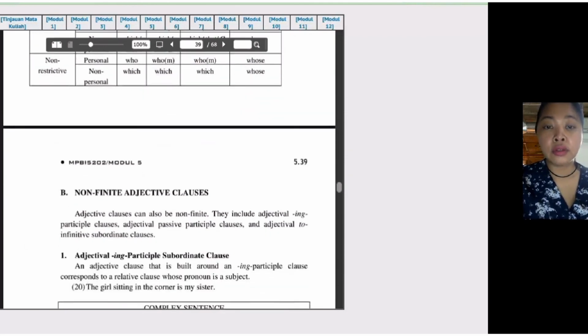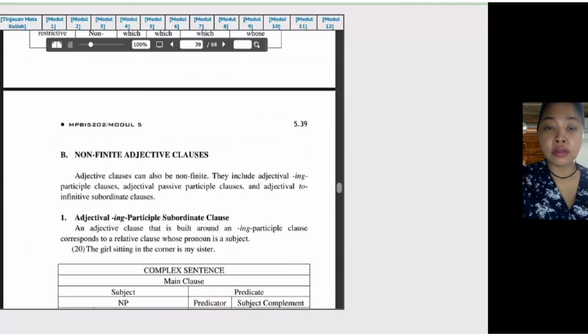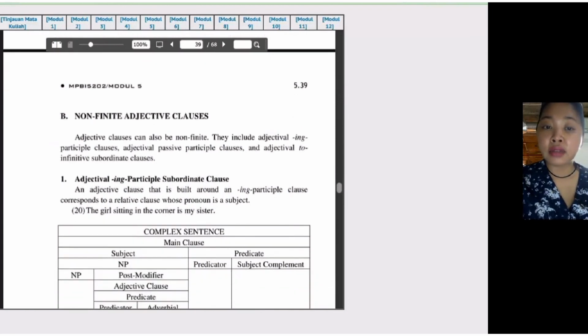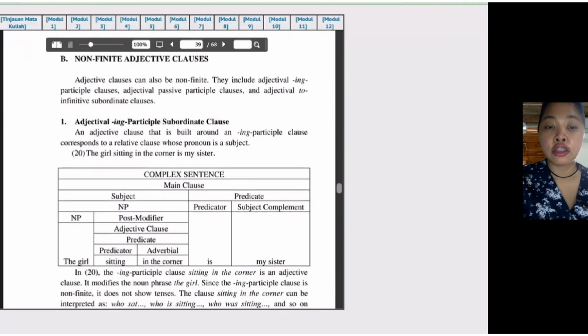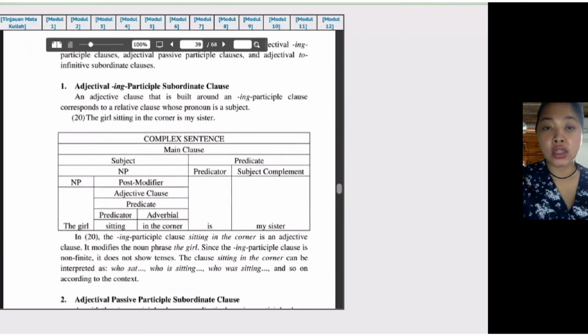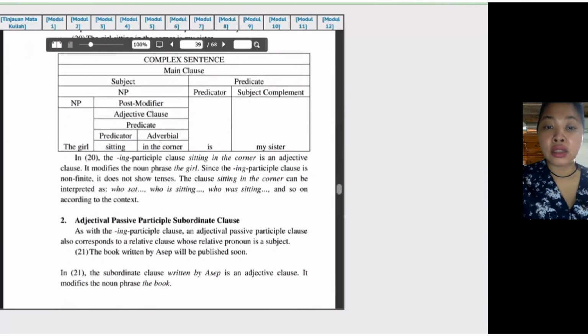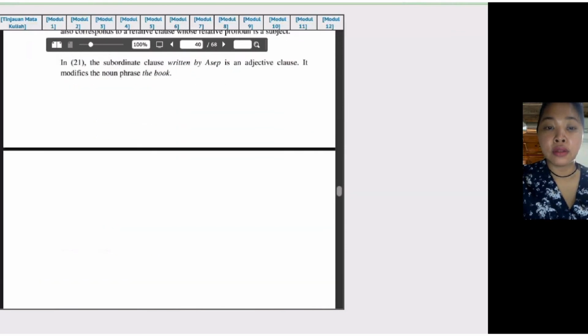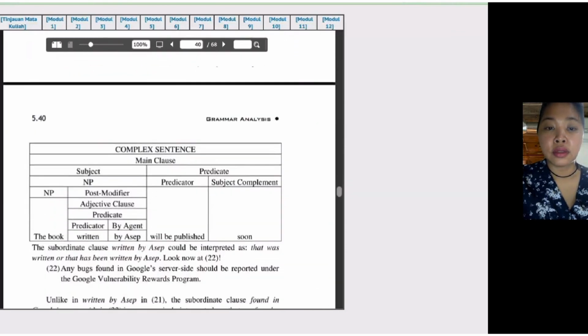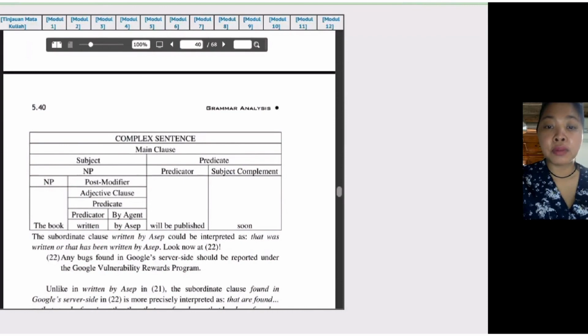So next we go to the non-finite adjective clause. For the non-finite adjective clause, there are several types. The first one is the adjectival participle subordinate clause: the girl sitting in the corner is my sister. Or the adjectival passive participle subordinate clause, like the book written by Asap will be published soon.